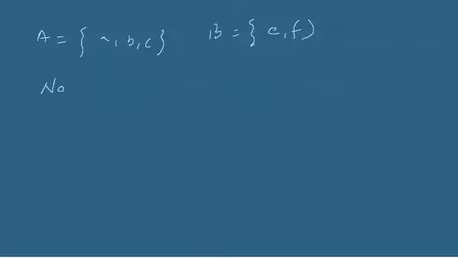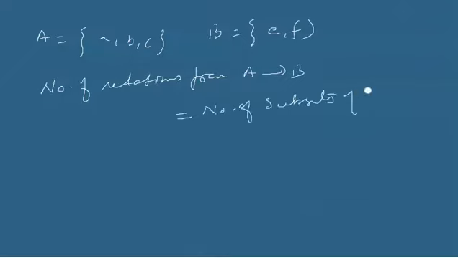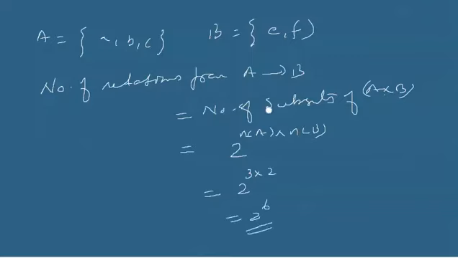The number of relations from A to B is equal to the number of subsets of A cross B, which is equal to 2 raised to n of A into n of B. What is the cardinal number of A? It is 3, into the cardinal number of B, which is 2. So 2 raised to 6. It is very clear that 2 raised to 6 subsets are possible for A cross B, which is equal to the number of relations from A to B. In short, the number of relations from A to B is equal to the number of subsets of A cross B, which is equal to 2 raised to n of A into n of B.